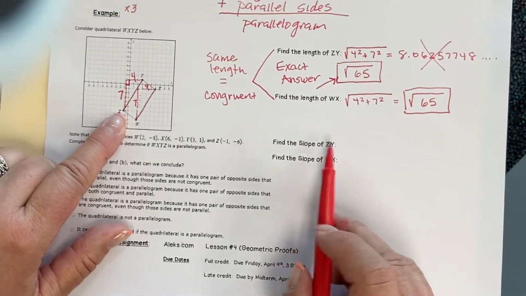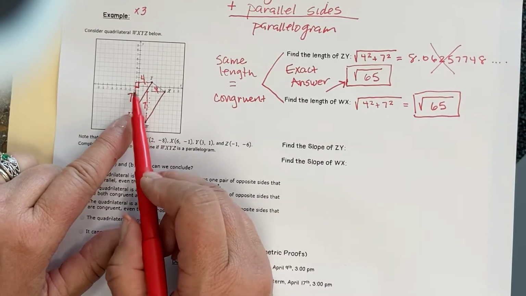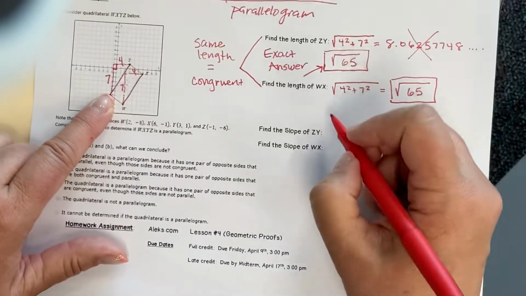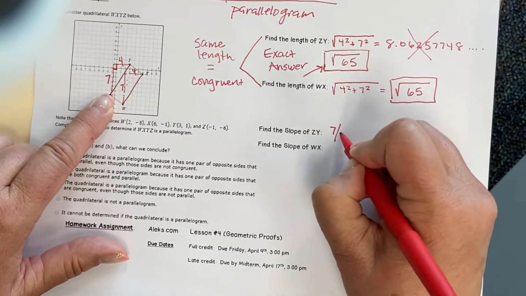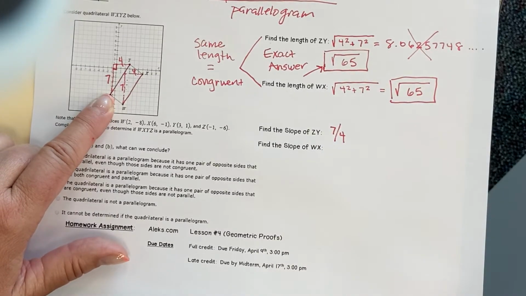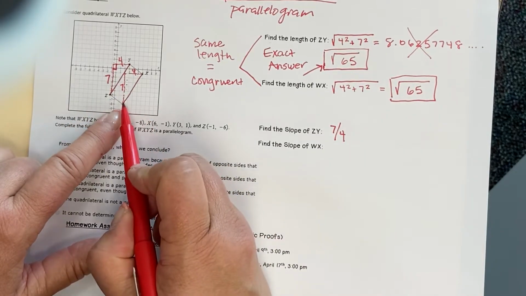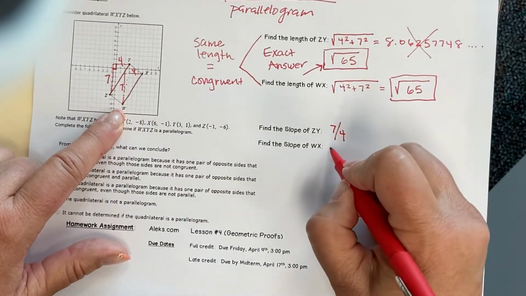Okay, the next thing, we need to find the slope of ZY. Well, that's super easy because we've already drawn it out. Up 7 over 4. Remember, it's rise over run. So up 7 over 4 is the slope. And the slope of WX, up 7 over 4, exact same thing.